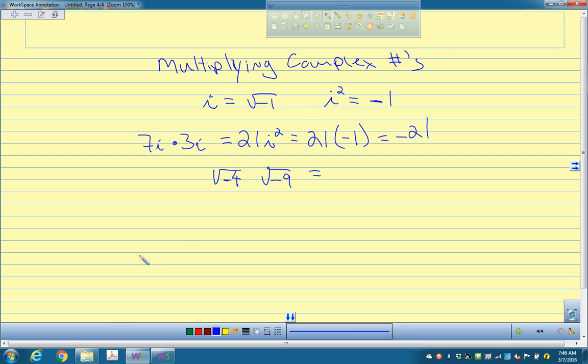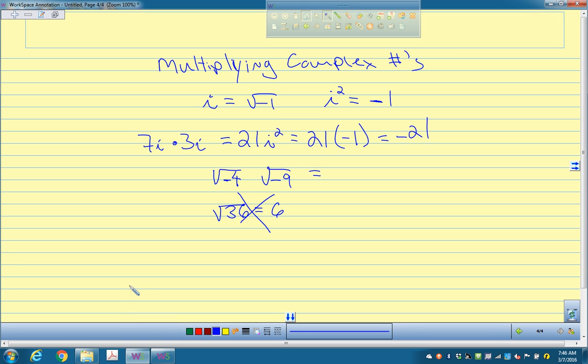Intuitively, what would you guess? What would you do if you're just multiplying these things? What's -4 times -9? That's 36, right? And so you would get the square root of 36. What's the square root of 36? 6, right? But this is wrong, okay?